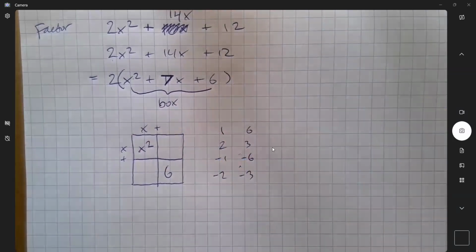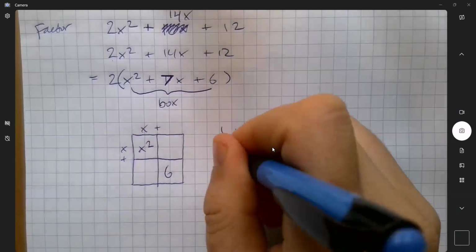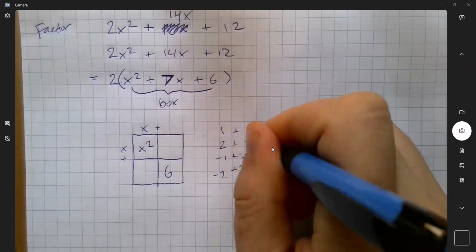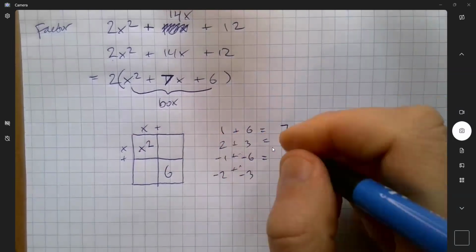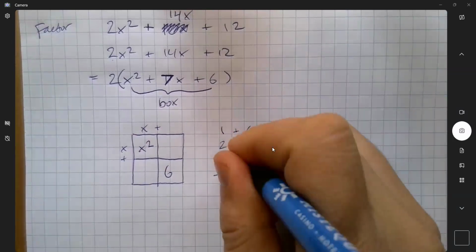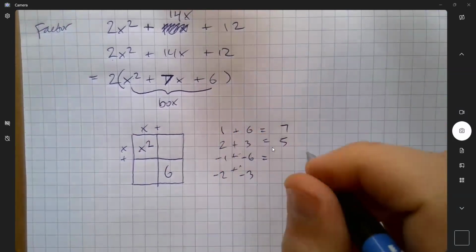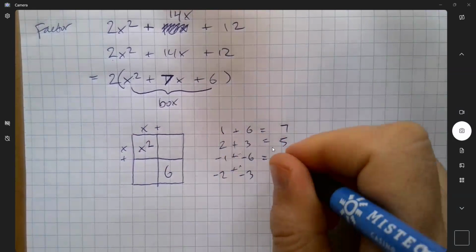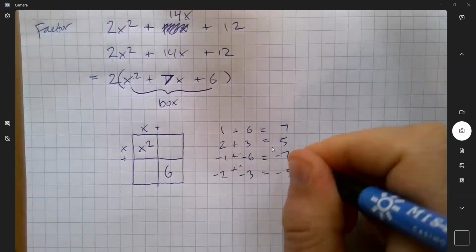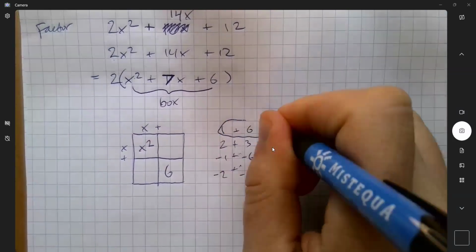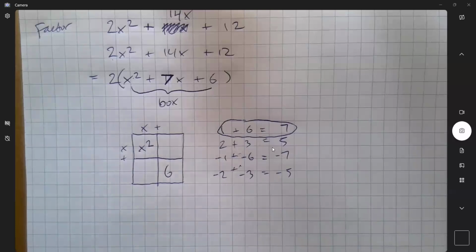Here are all my integer combinations. And if I check all of them, you might not need to check all of them. Because you see right there that 1 and 6 add to 7 and multiply to be 6.